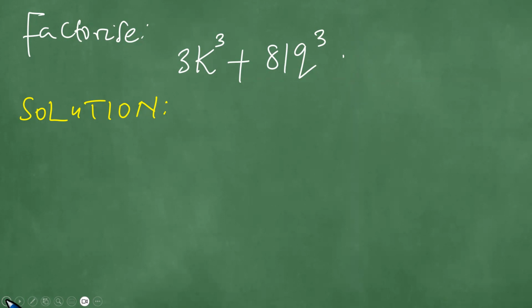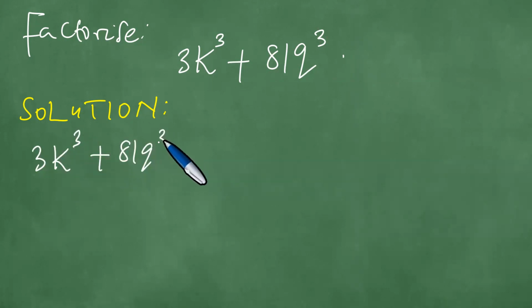You say 3k plus 81q. Okay, so that is 3k cubed plus 81q cubed. What do we do here, Leander? You say 3k plus 81q. We say 3k plus 81 cubed. Okay, yeah. Q. Okay.